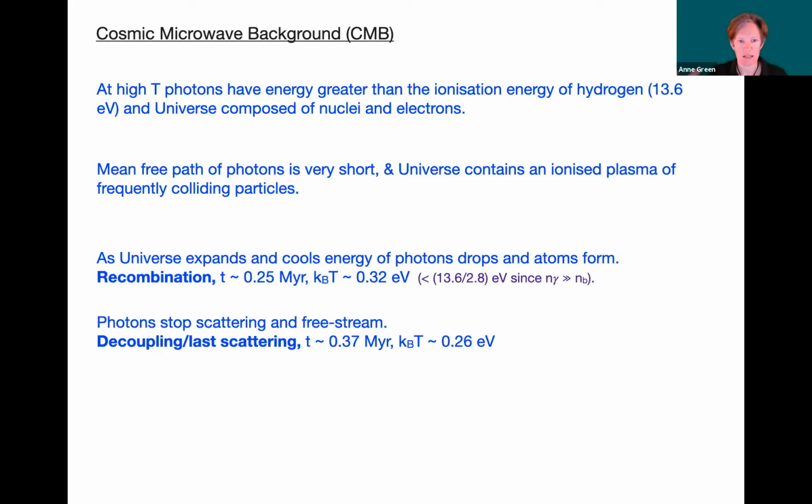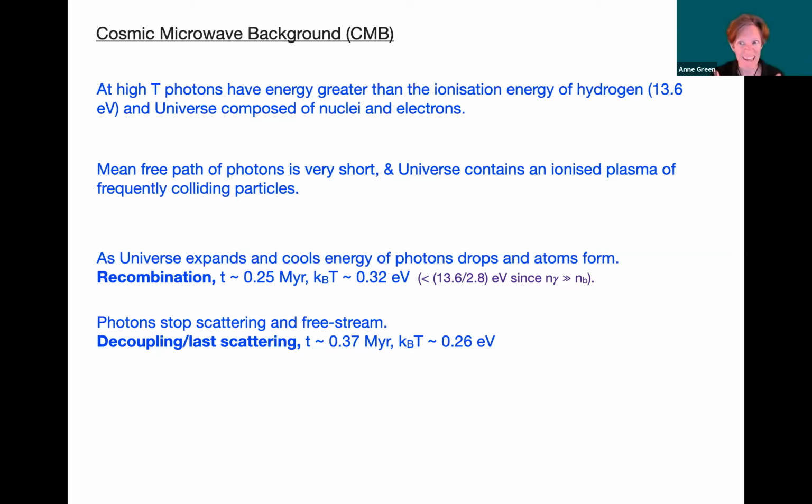However, eventually, as the universe expands and cools, the energy of the photons drops and atoms can form. This process is called recombination, and this is the time and temperature at which it happens. Again, this is something where the tail of high energy photons, or the fact that there are lots of photons for every baryon, comes into effect.